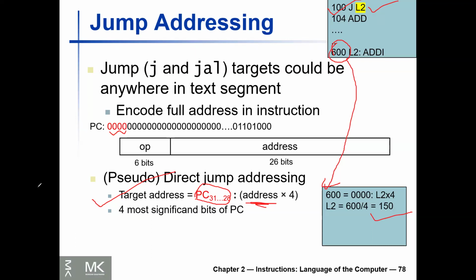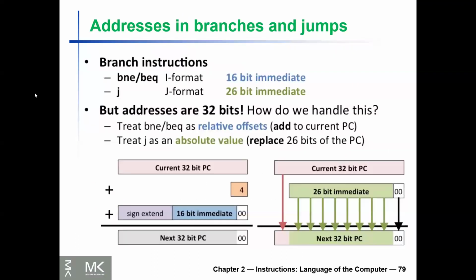Yes, miss, clear. Okay. Now the same thing we are representing here: if there is a branch equal or branch not equal, we have a 16-bit immediate, then there will be sign extension, and for the PC plus 4 there are 2 bits represented here. But for J, we have 26 bits, 4 bits for the PC as I already explained, and then 2 bits here.